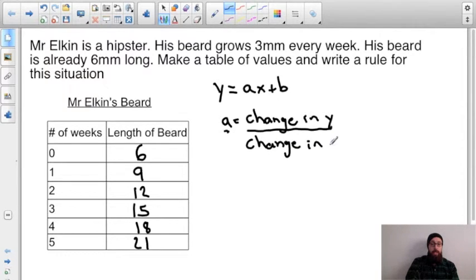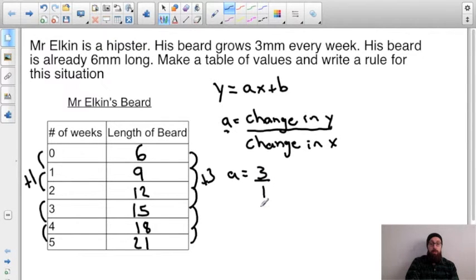So let's go look at that. Well, our x is going up each time by 1, and our y is going up each time by 3. So the change in y over the change in x is 3 over 1, and 3 divided by 1 gives us 3. So we've already figured out what our a is.